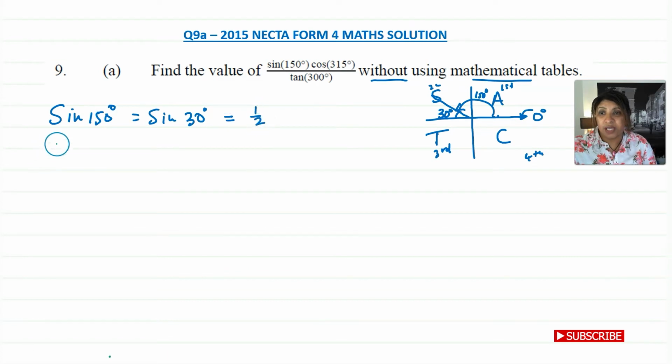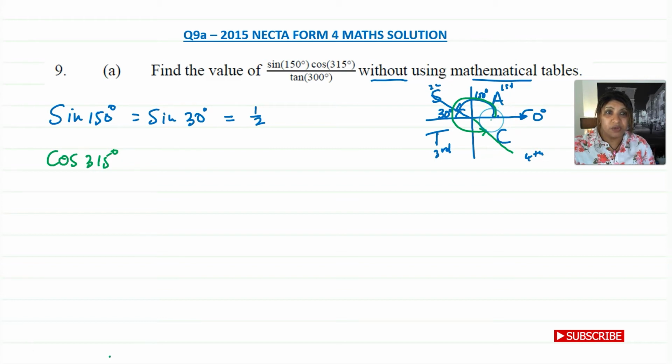Now for the second one, we have cos 315 degrees. We need to do the same thing. So for 315, this is our 0, and it goes all the way to this quadrant. So we are falling into the quadrant where cos is positive. From here to the full circle is 360 degrees.